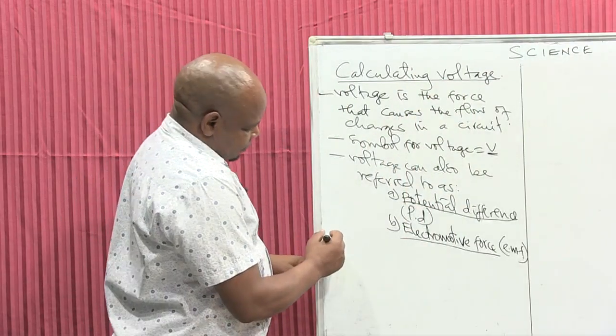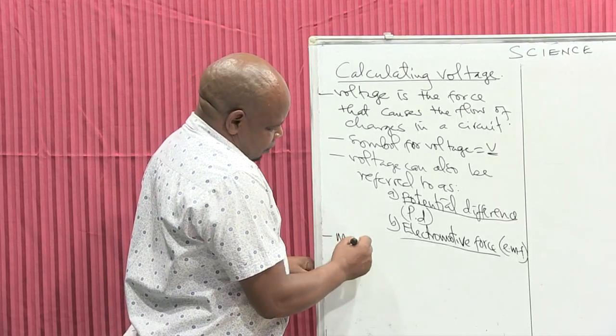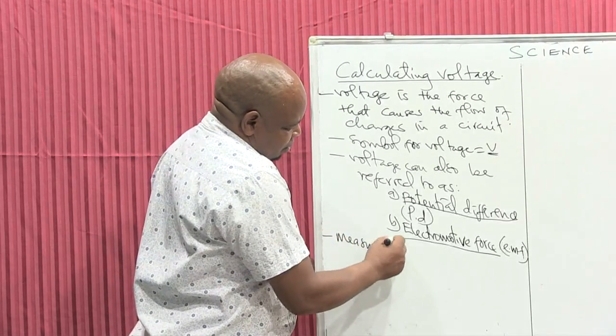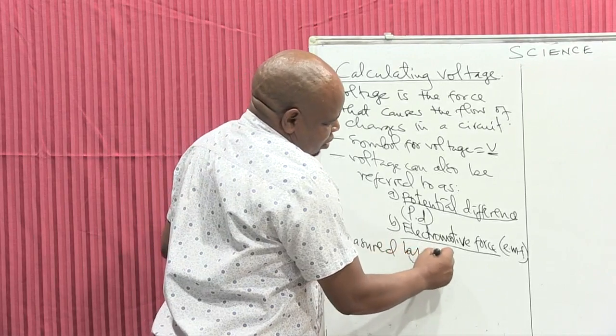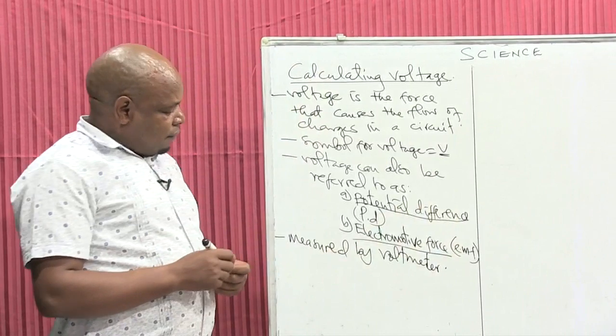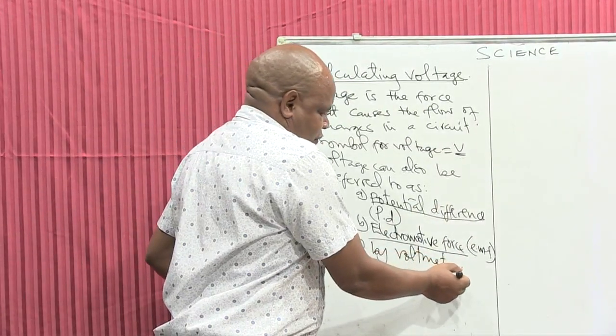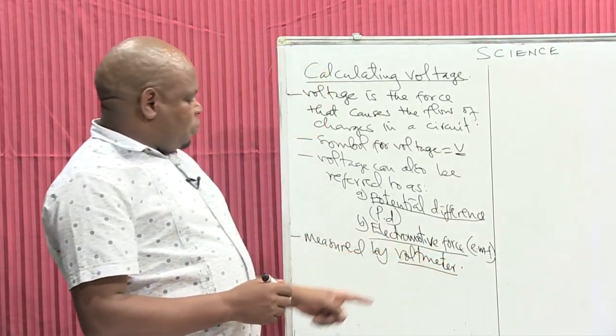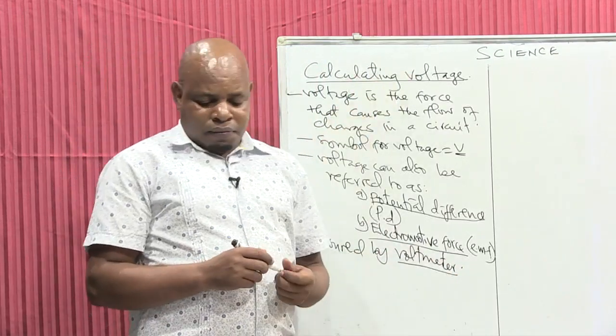Voltage is measured by a voltmeter, an electrical instrument which is used to measure voltage.